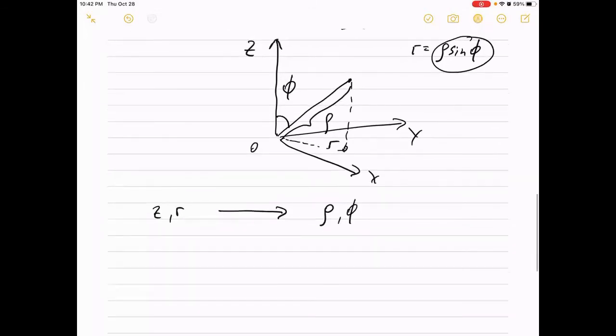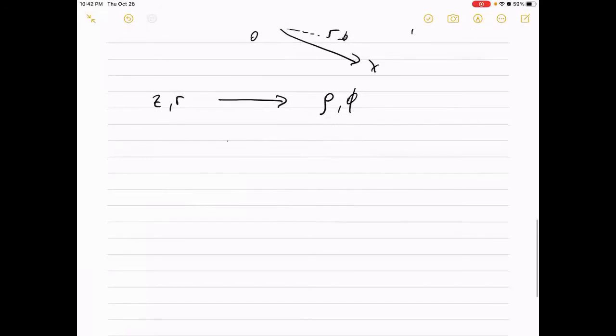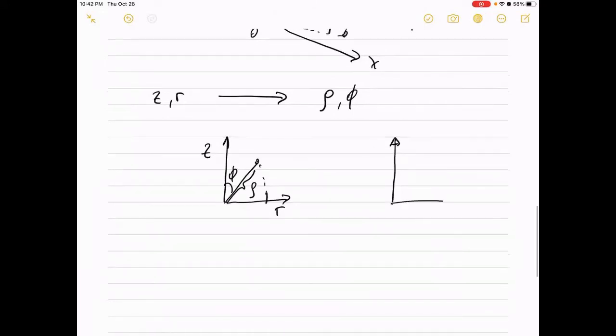Now, if you look at the picture we have right there, that is z, that is our angle phi, that is rho, that's our point, and down here we have r. That is very similar to the way we switch from rectangular x and y to polar.